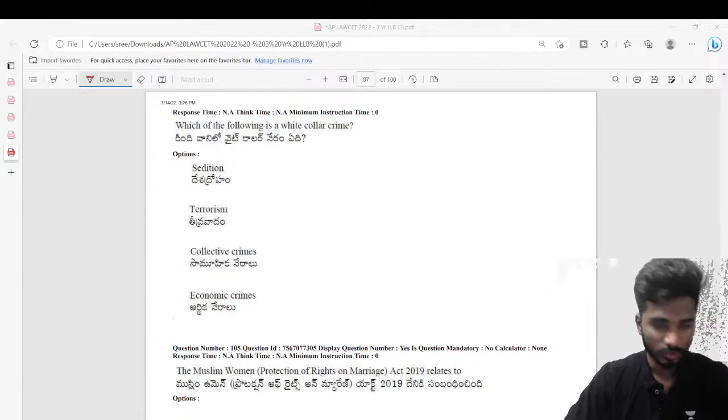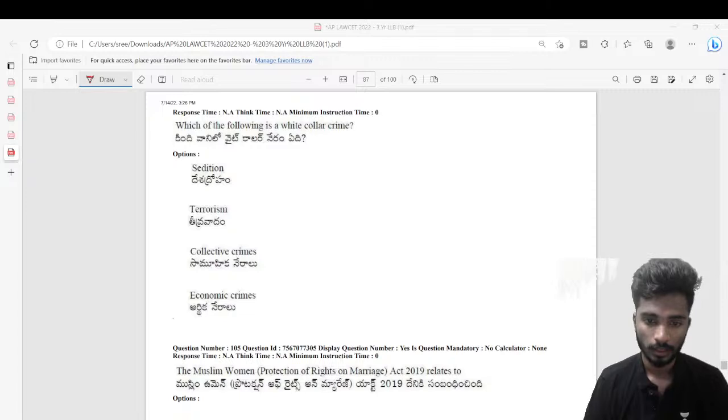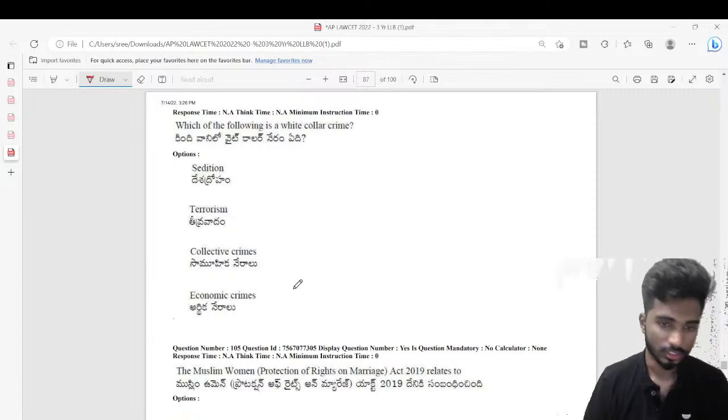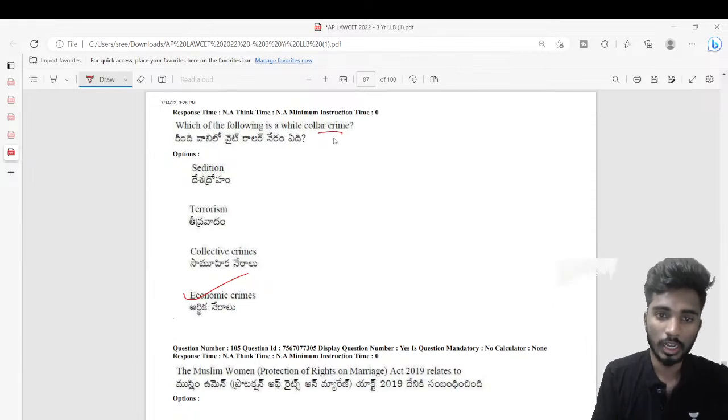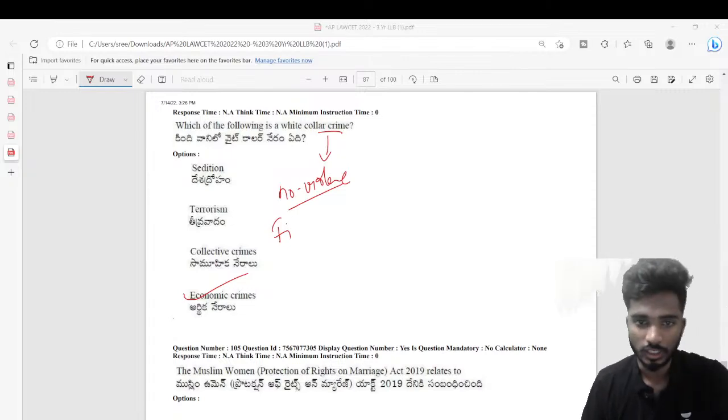I like this particular thing. Very good, very good. Excellent, guys. So the answer is economic crimes. So white collar crimes are those where there is no violence. Where there is some financial fraud, that is known as an economic offense, right?